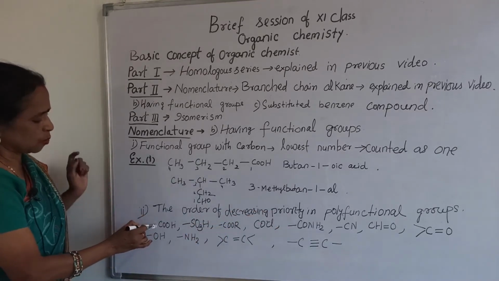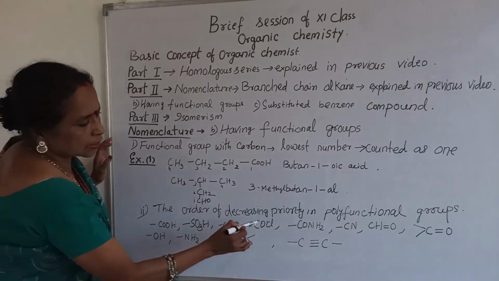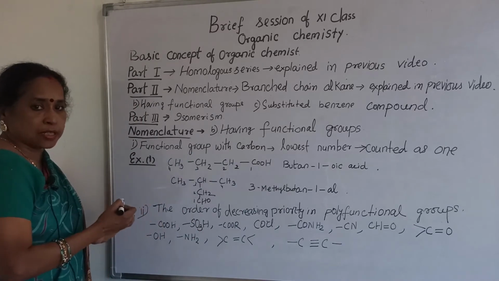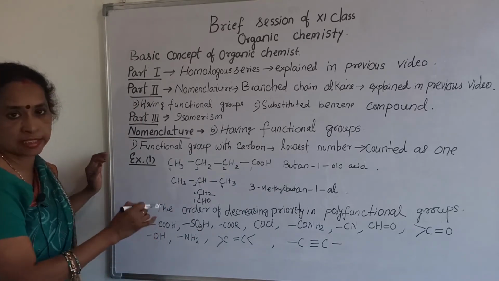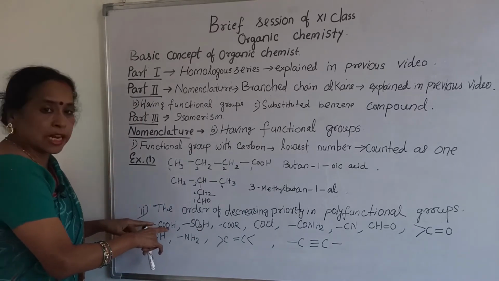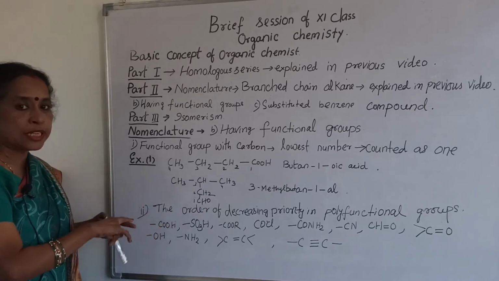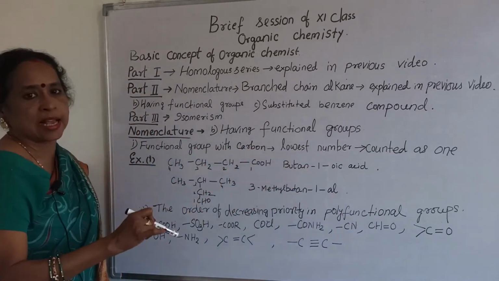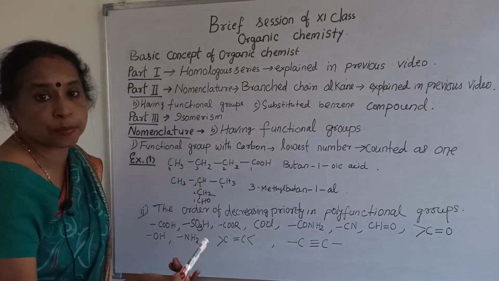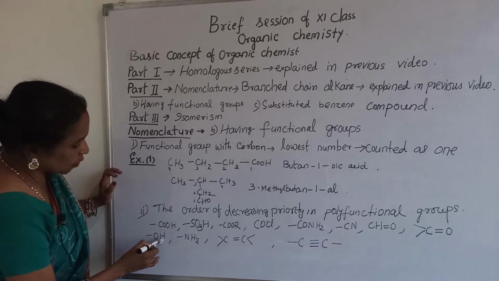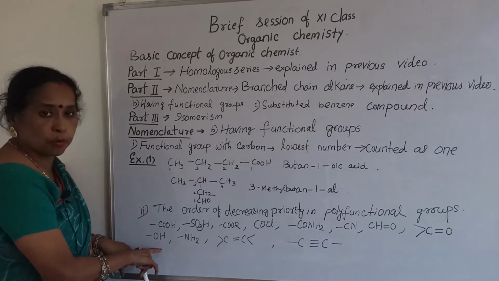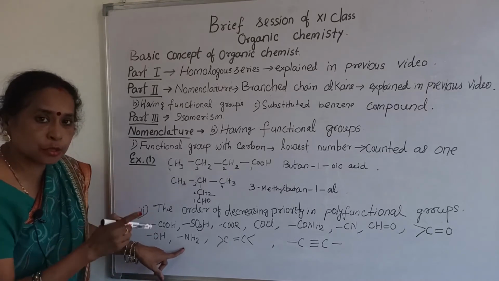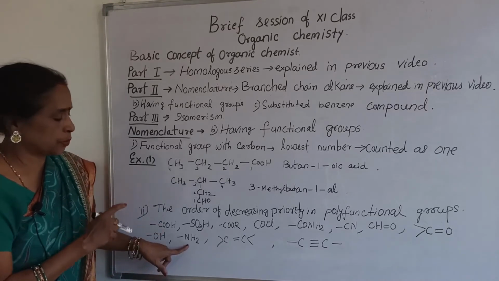Suppose one functional group is COOH and another is CHO. Which one is the first priority? COOH is the first priority. It will act as the principal functional group, and CHO acts as a substituent. Similarly, suppose OH and NH2: the OH group acts as the principal functional group whereas NH2 acts as a substituent.